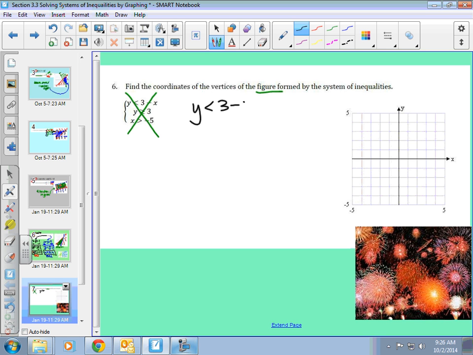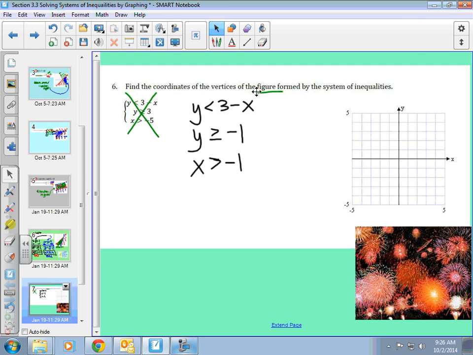y is less than 3 minus x, y is greater than or equal to -1, and x is greater than -1. Okay, so let's go ahead and do this. The first one, I'm going to graph in blue. My y-intercept is 3, and my slope is -1, so I go down 1 to the right 1.